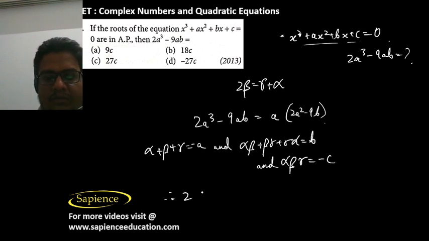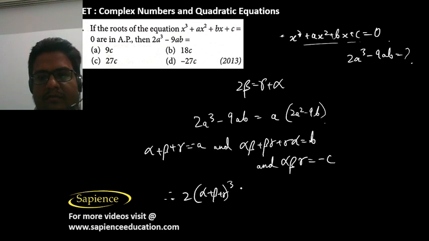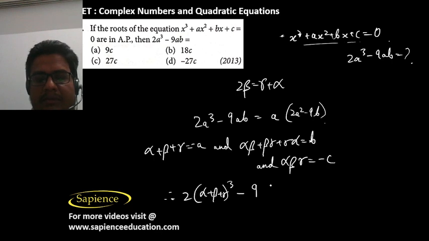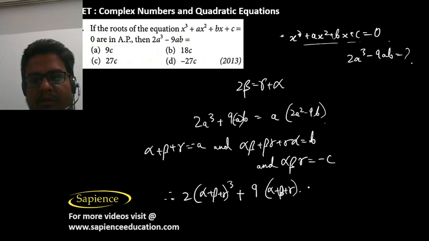Now therefore we have to find 2a cube, which is alpha plus beta plus gamma whole cube, minus 9ab, so I can write plus 9 into minus a into b. So this will be minus a is alpha plus beta plus gamma into b, that is alpha beta plus beta gamma plus gamma alpha.